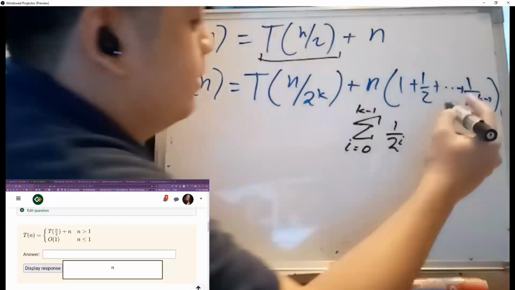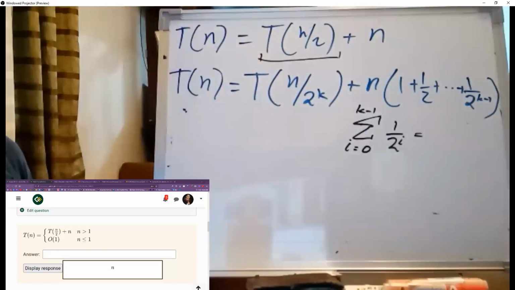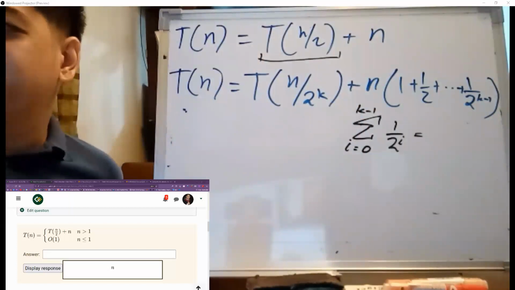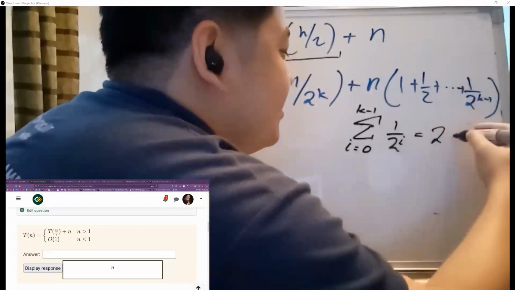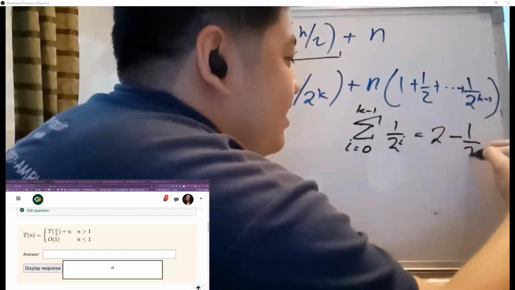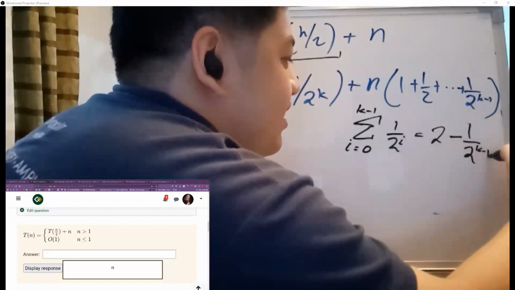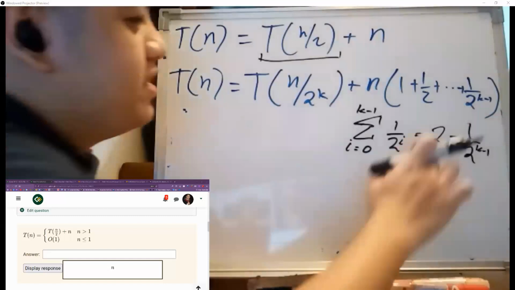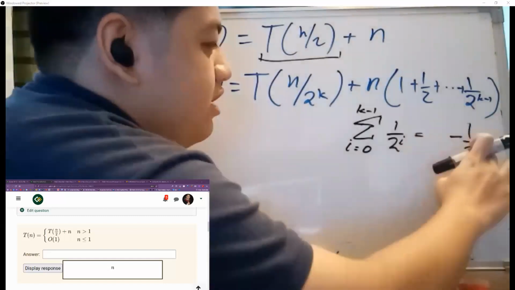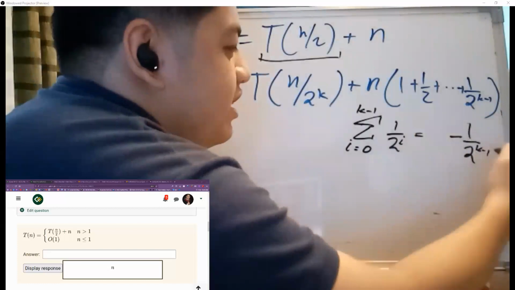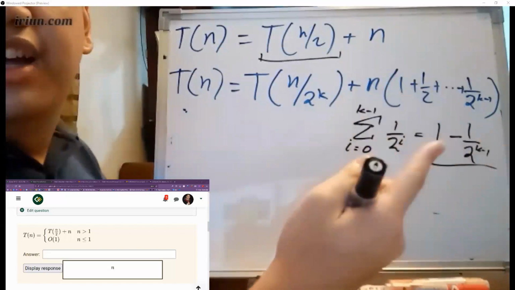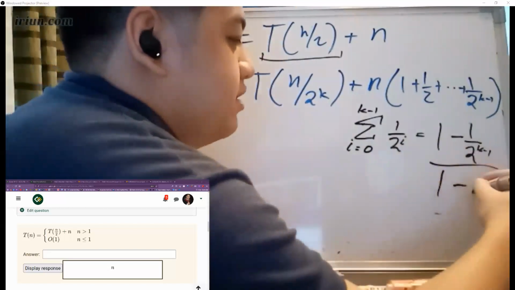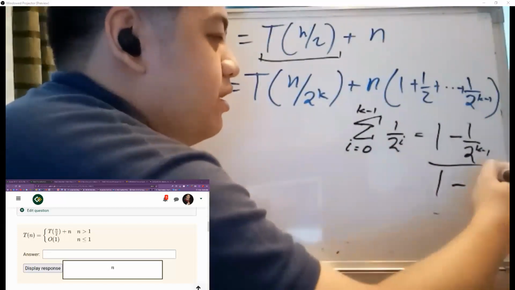And then, if familiar kayo sa mga summations nyo, this is equal to 1 minus 1 over 2 to the k, over 1 minus 1 half.